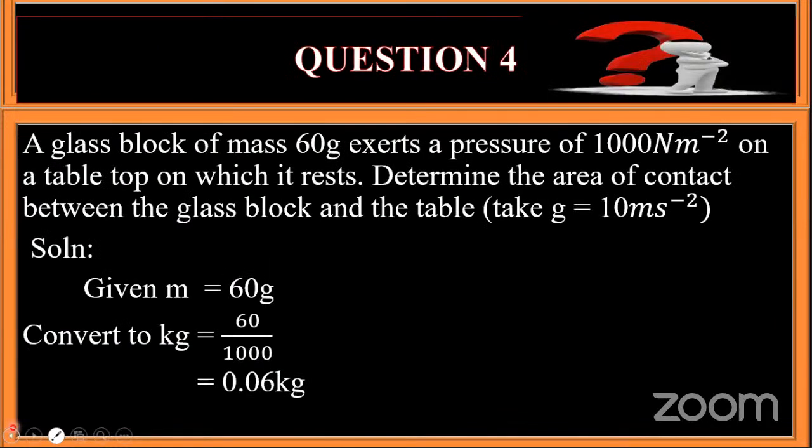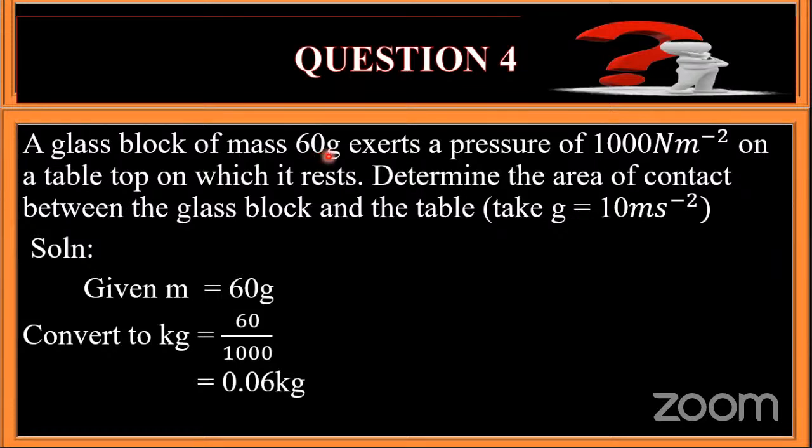So the question is right up here. We have a block of mass 60 grams, exerting a pressure of 1,000 newtons per meter squared on a table, so they want us to find the area. Is that fine? Yes. So given the mass, when you're given the mass, we can get the force using force equals mg.